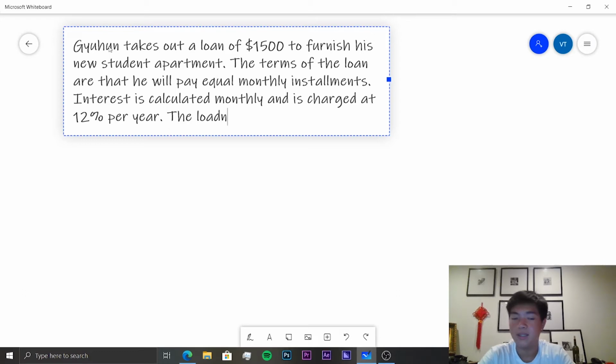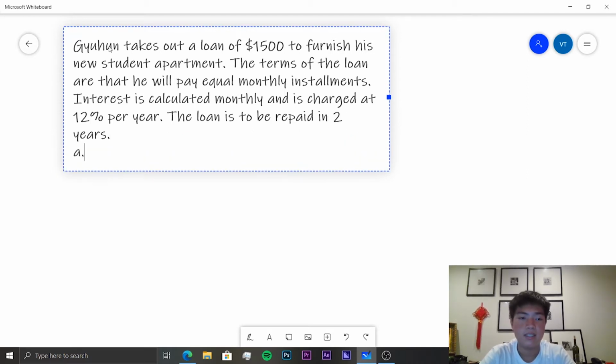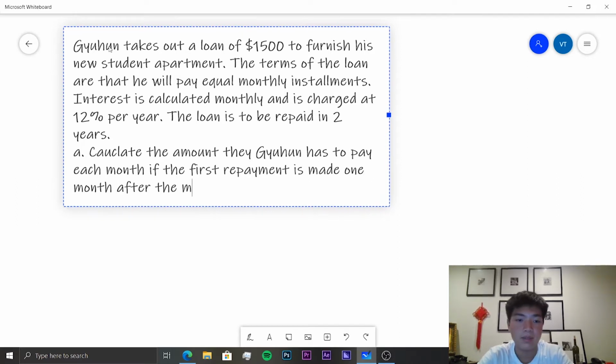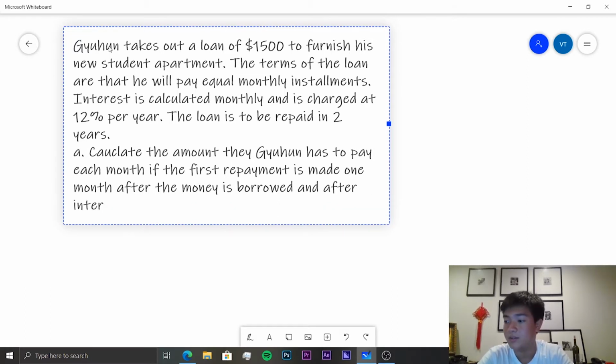The loan is to be paid in 2 years. Okay, so we need to calculate the amount that Yu-hun has to pay each month if the first repayment is made 1 month after the money is borrowed and after interest is calculated.